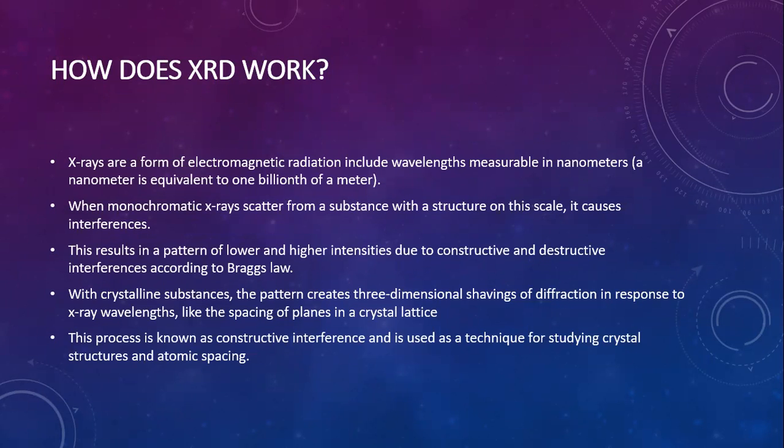How does XRD work? X-rays are formed by electromagnetic radiation, including wavelengths measurable in nanometers. A nanometer is equivalent to one billionth of a meter. When monochromatic X-rays scatter from a substance with structure on the scale of the wavelength, they cause interference.